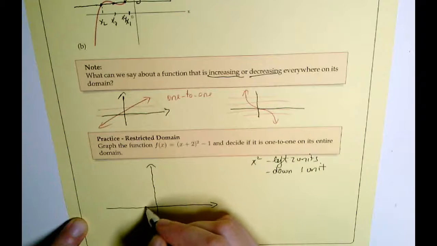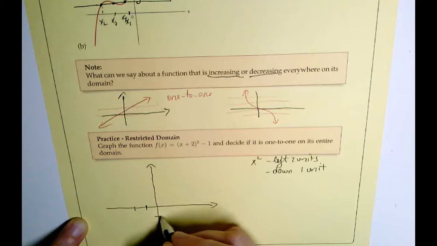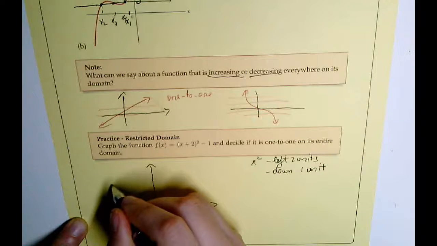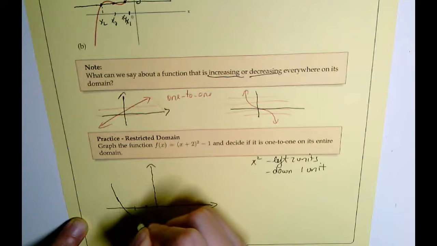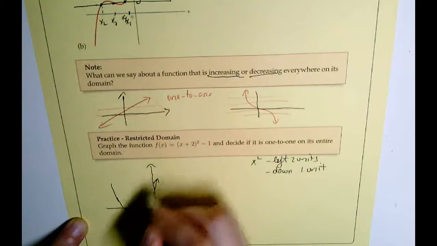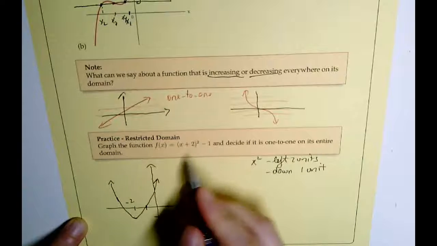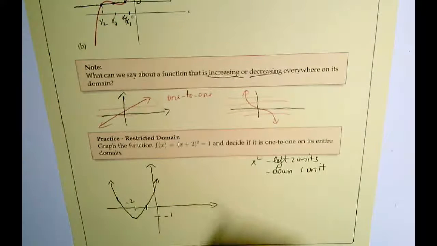We're going to move it left 2 units, so the vertex is going to be here now, and then down 1 unit. So this is where the vertex is going to be. To the left 2 units and down 1 unit. This is f of x equals (x plus 2) squared minus 1.